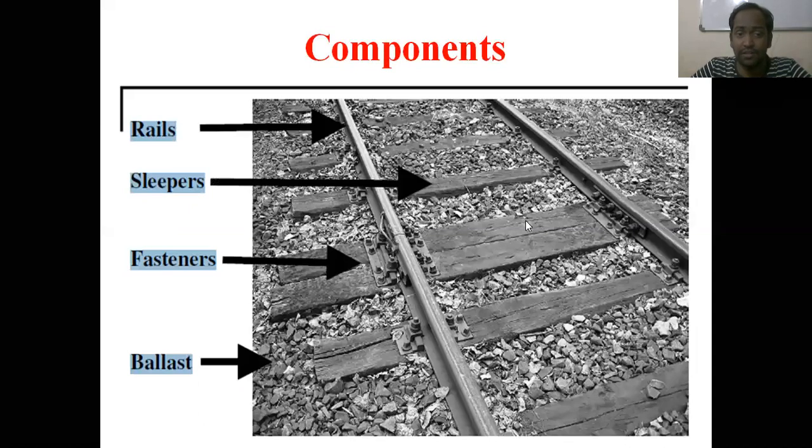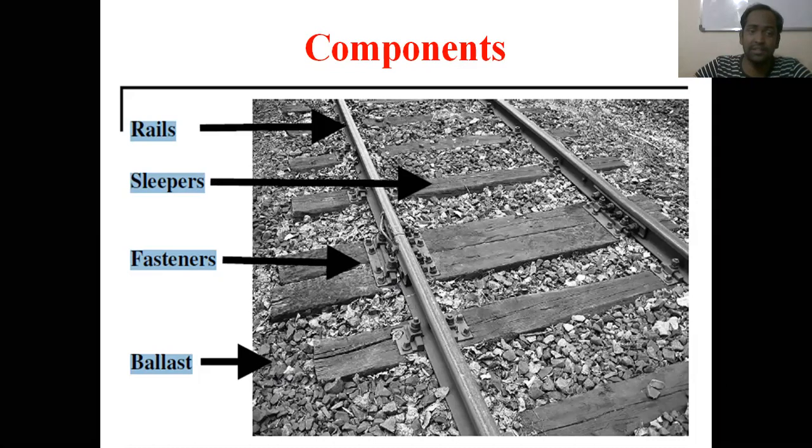Here you can understand that sleepers are sometimes made of wood, and sometimes made of concrete. The coarse aggregate part is called ballast. And fasteners are used for joining rails and sleepers.